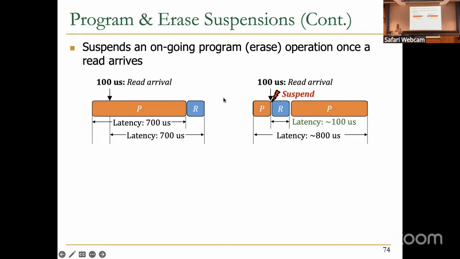However, if we can suspend, so we do program, and then we suspend it, we service a read operation, and then we continue the program from the part that we suspended. So then the program latency is going to be 800, something around that, but the read is going to be 100. So overall, you can see that we are getting much better performance here.